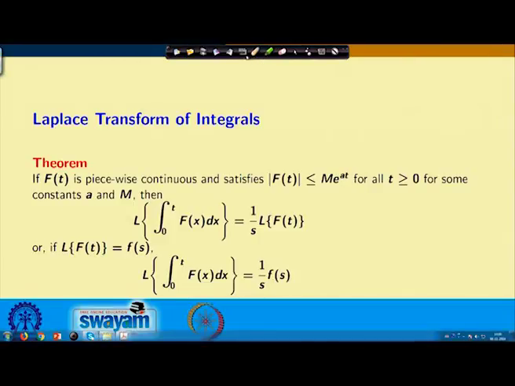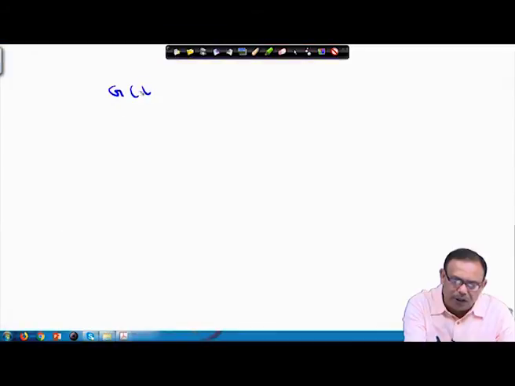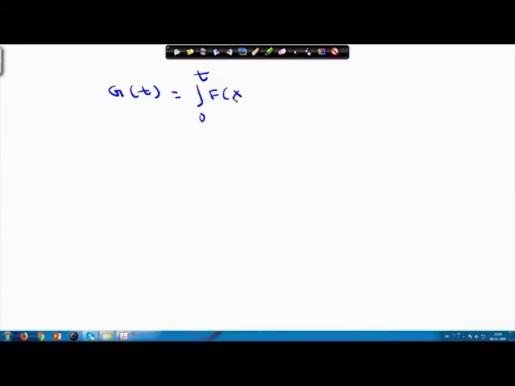So, let us see how we can give the proof. Your g(t) is equal to the integral from 0 to t of f(x) dx. We are assuming this so that whenever you write g(0), the integral from 0 to 0, the value will be 0.